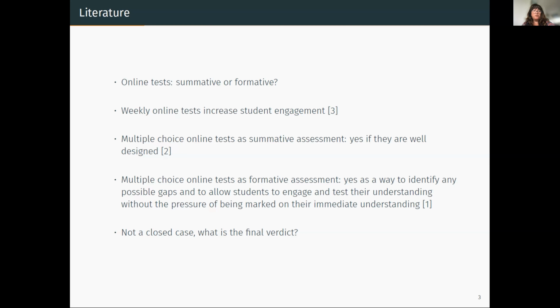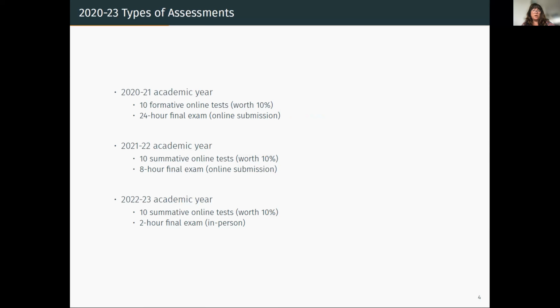Moving to the next slide, which is the one I want to make sure I describe before leaving it to my colleagues, is how the assessment is organized and has been changing in this module over the last 3 years. In the 2021 academic year, the first time, when everything was still mostly online, there were 10 formative online tests worth 10%. Students needed to engage with the tests, but it didn't matter how well they performed.